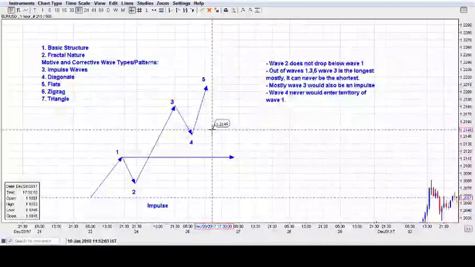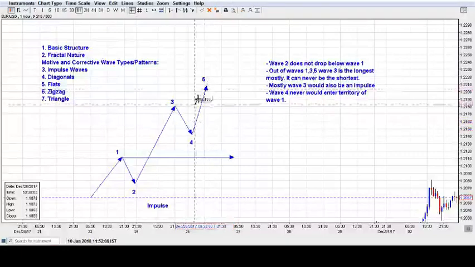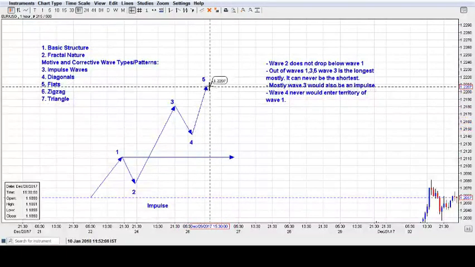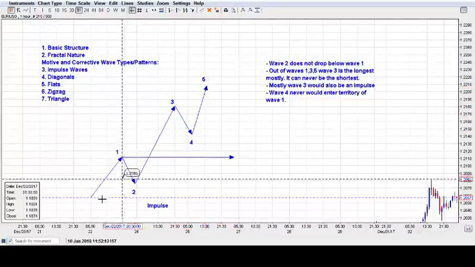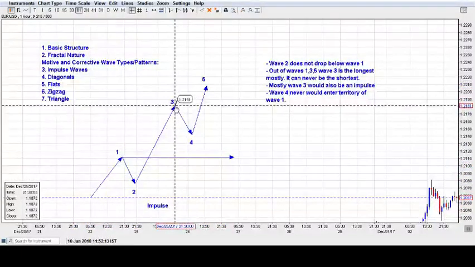Then the fifth wave normally terminates based on the distance traveled by waves 1 to 3.